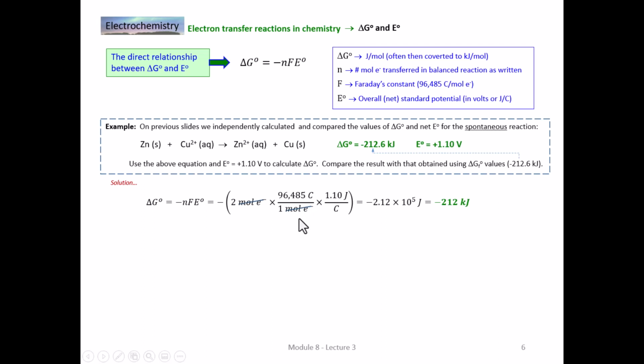And we said the net overall potential was plus 1.1 joules per coulomb, or in other words, 1.1 volts. So we get a delta G of minus 2.12 times 10 to the 5th joules, which would be minus 212 kilojoules, which is very good agreement with the value we got by using free energy of formation values.